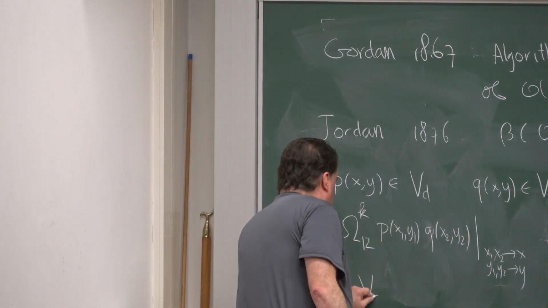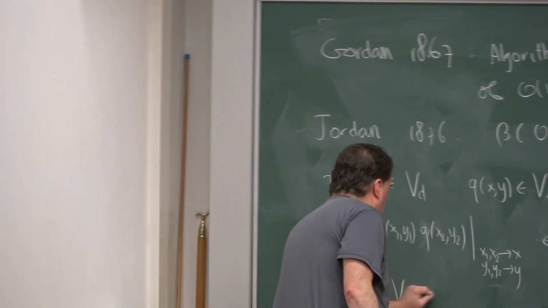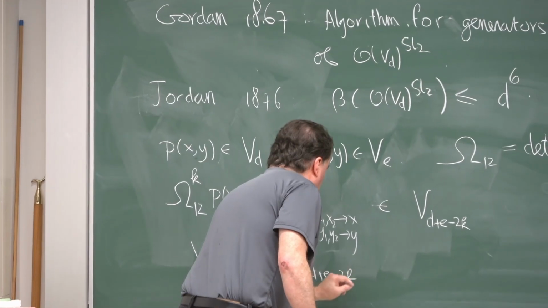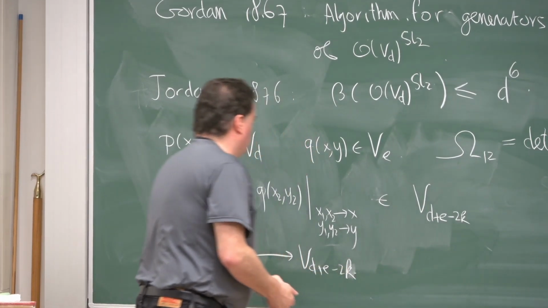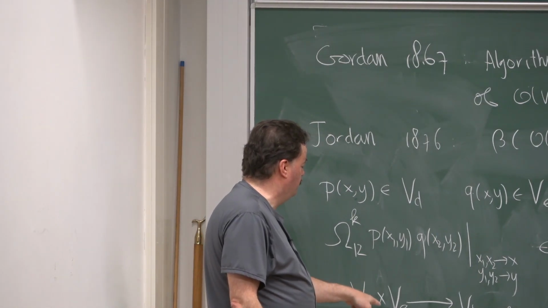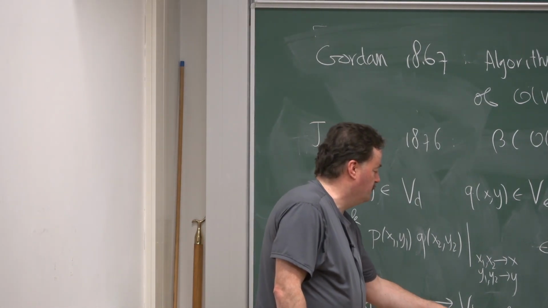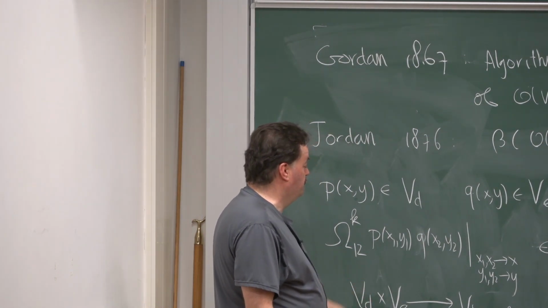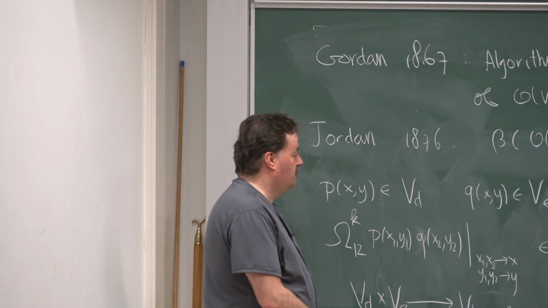So this gives us an equivariant map. We get a bilinear map from V_d cross V_e to V_{d+e-2k}, and it's equivariant with respect to this SL2 action.